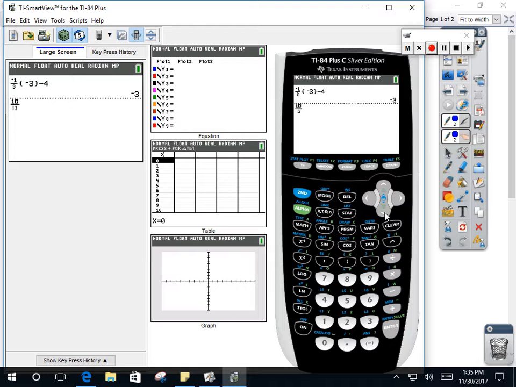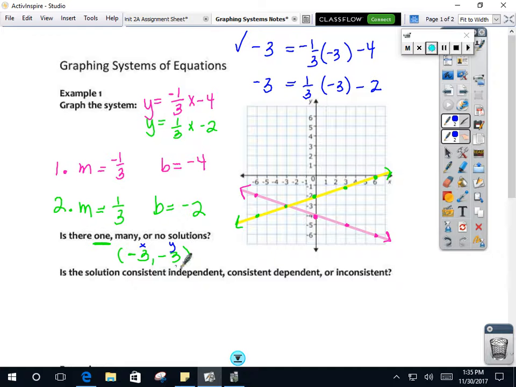We got a 1/3 times a negative 3, and then this one ends with a minus 2. And it equals negative 3 as well. See how this point worked in both equations? That's why that point is the solution to the system.